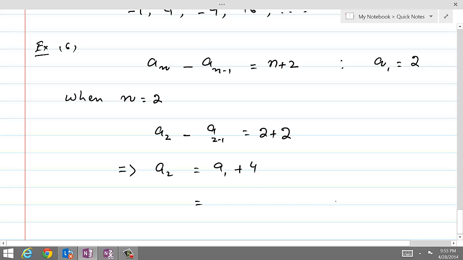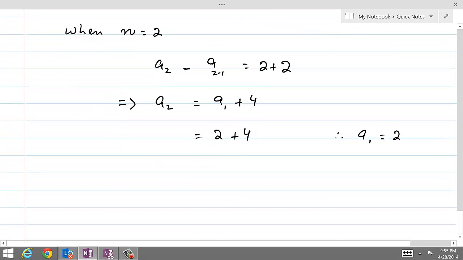Since a1 is already given as 2, if we substitute the value here, this would be 2 plus 4, and the answer would be equal to 6.